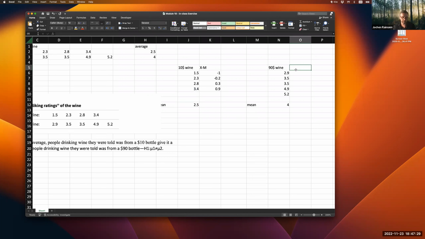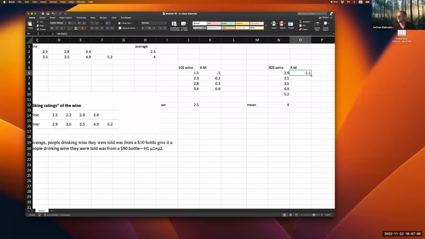If you do this again, you get x minus m now for the $90 wine drinkers. So you get this minus $N$12. Good. Now we get the individual entries here for the $90 wine drinkers.